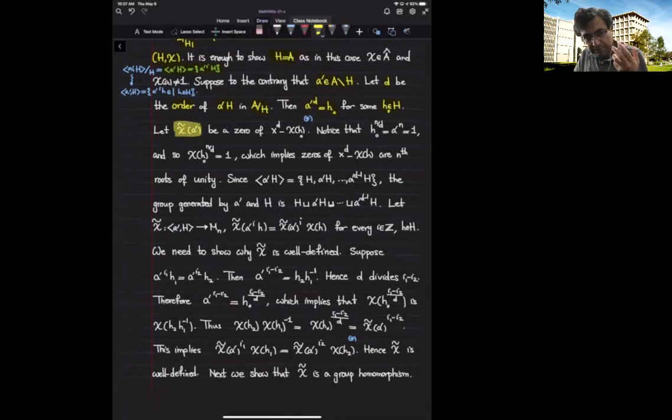Now, I want to assign something to A prime inside S1. But whatever it is, when I raise that to the power D, it should be the same as what we have already assigned to h naught, because A prime raised to the power D is h naught. So chi tilde of A prime is a zero of x to the D minus chi of h naught.